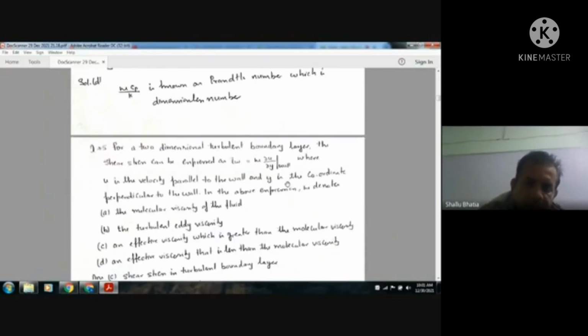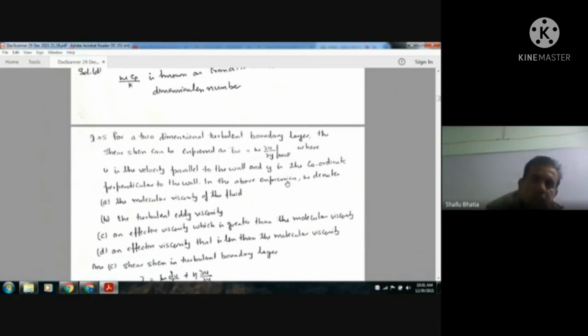Okay, next, for a two-dimensional turbulent boundary layer, the shear stress can be expressed as tau W. Tau W is equal to mu ∂U/∂Y at the wall, where U is the velocity parallel to the wall and Y is the coordinate perpendicular to the wall.